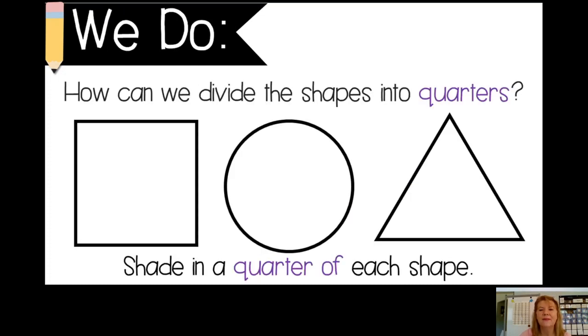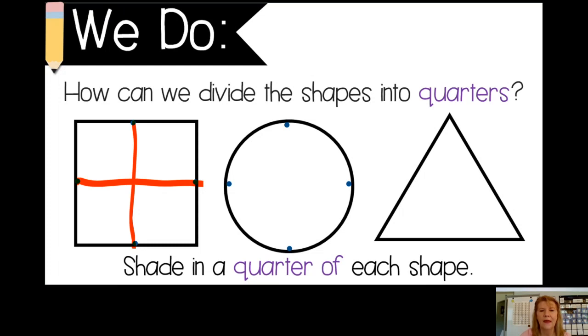How can we divide the shapes into quarters? I'm going to move a little faster through this. I just want to review so you can do this on your own. To divide the shapes into quarters, put your 4 dots right on the middle of each side, draw your lines, and shade one.